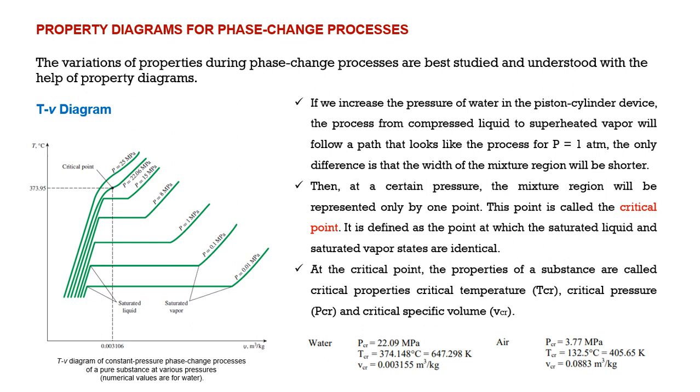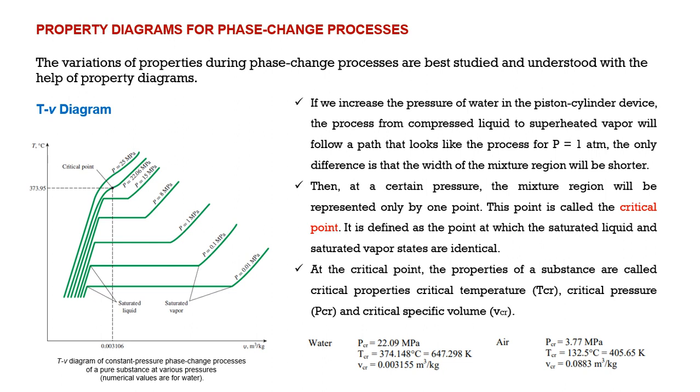What is the meaning? For example, take the critical pressure of water, 22.09 megapascal. When the fluid is kept at this pressure, it reaches the temperature 647.298 Kelvin, and it suddenly changes from liquid into vapor. So that is the critical point.